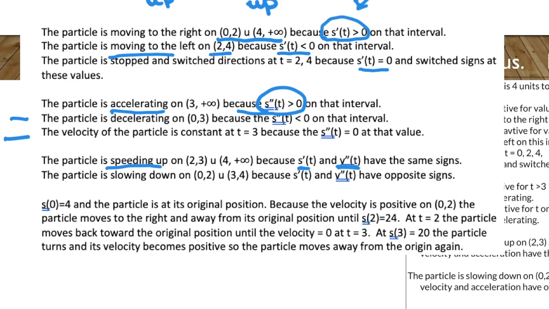Now, this one is actually a typo. It should say s double prime of t, s double prime of t. So fix those typos. And lastly, talk about position. When you talk about the position, you can talk about its initial value, talk about where it's moving to the right or left, give some specific points, and that would be the idea about the positions.